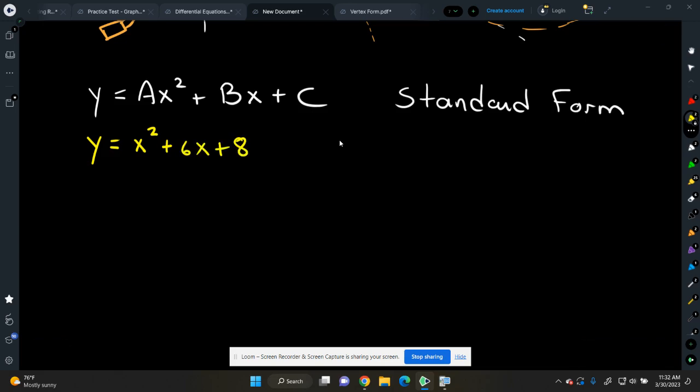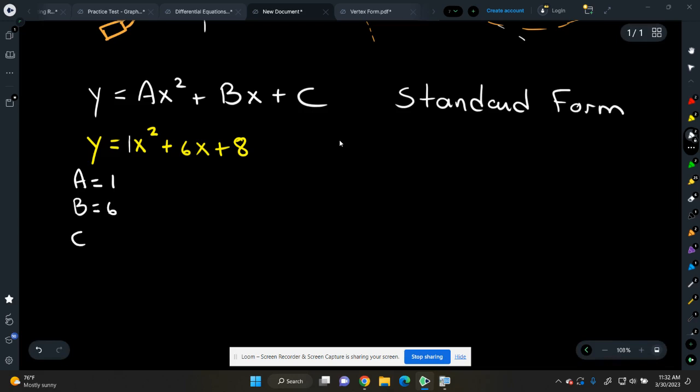Okay. So the first thing we're going to do is identify the A, B, and C. So what's A in this equation? 1. Good. Because there's an assumed 1 right here. What's B? And C? 8. Okay.